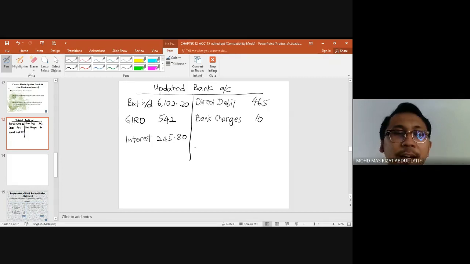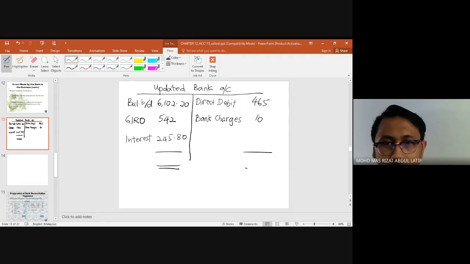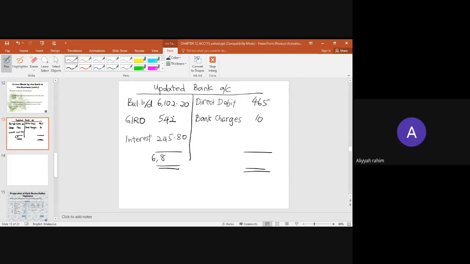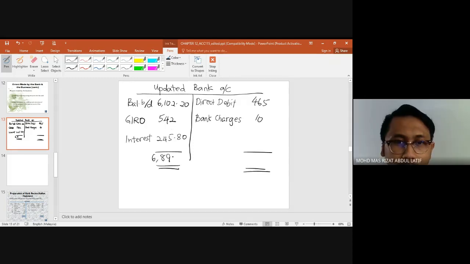Okay. Next, close the account, find the new balance. Kita tutup. So, berapa dia punya ni? Baki dia ni? Dia punya total amount dia? 68. Saya mencongak je ni. 6890. Okay. And then bring to the other side. Now find the new balance.